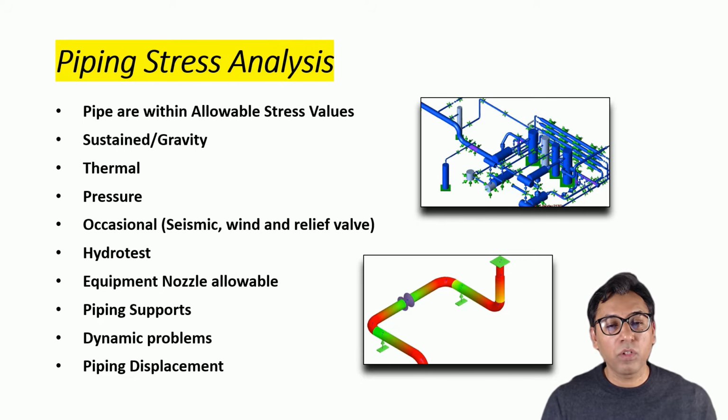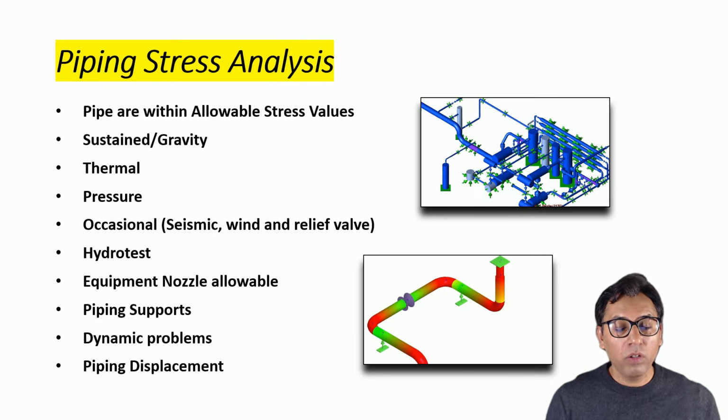In this slide, I will talk about the objectives of piping stress analysis. Stress analysis is required to make sure all pipe and its components are within the allowable stress range under different stress categories.